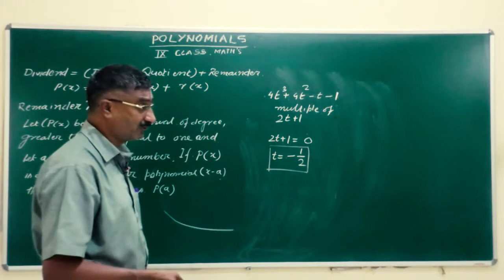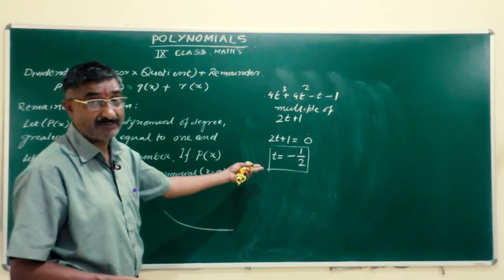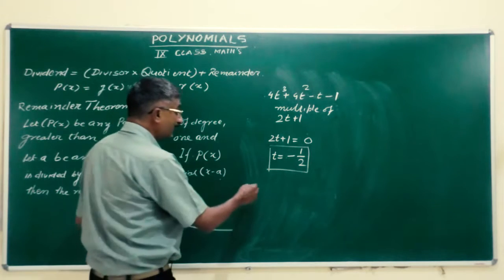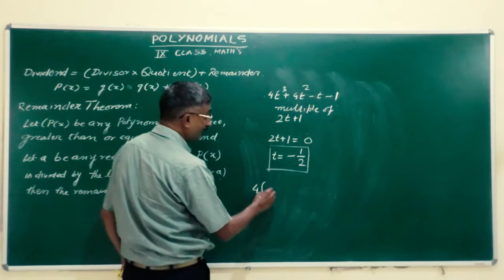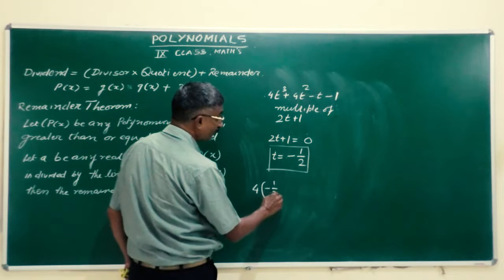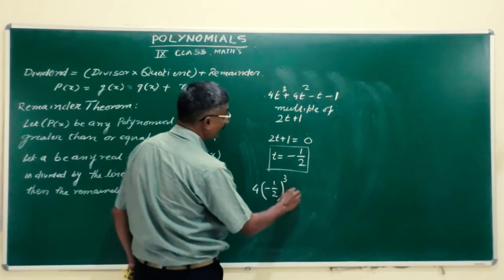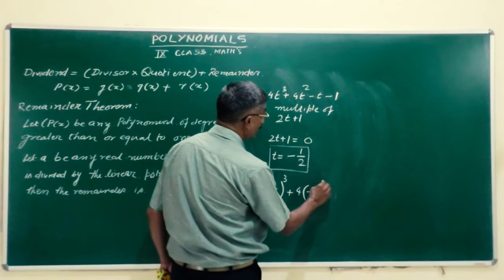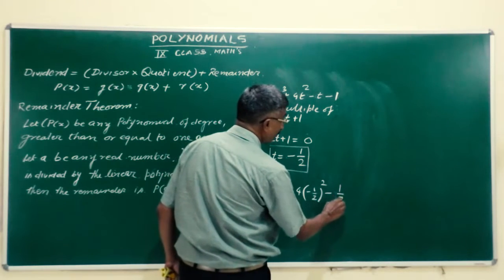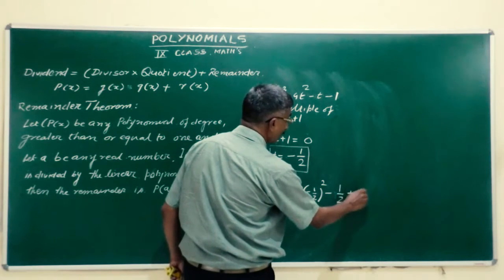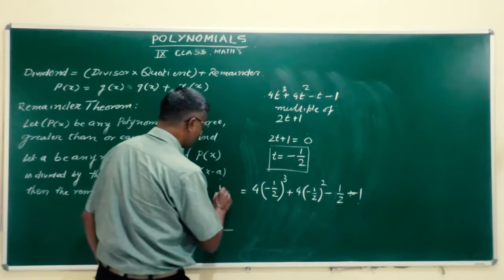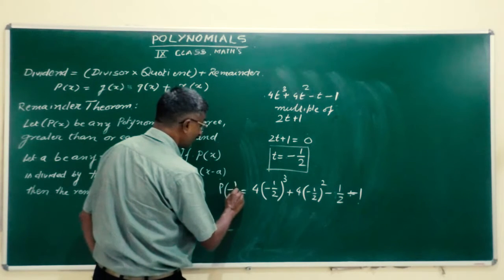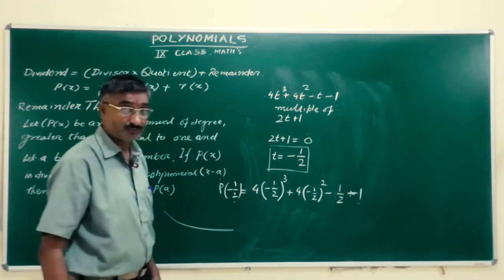To get the remainder 0, we will substitute the value of t. So 4 into (minus 1 upon 2) whole cube plus 4 into (minus 1 upon 2) whole square minus (minus 1 upon 2) minus 1. So this is equal to p of minus 1 upon 2.